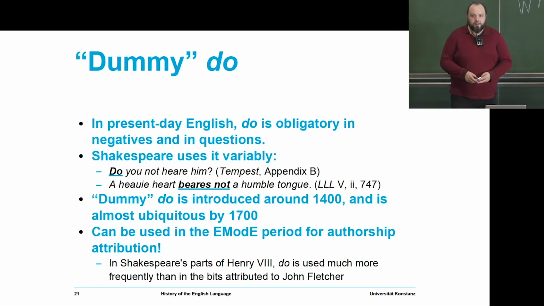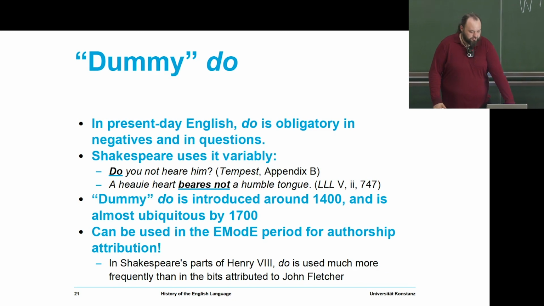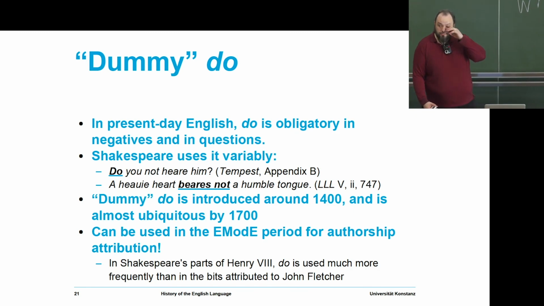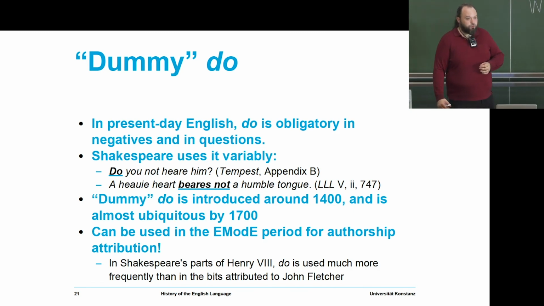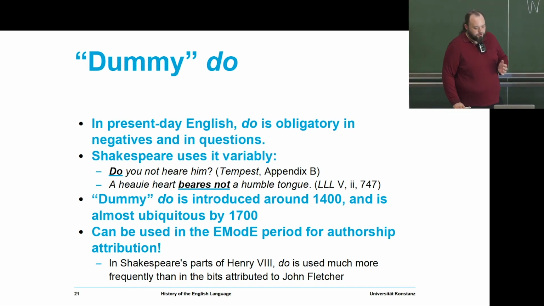Do, this is something I mentioned. In present-day English, do is obligatory in certain contexts. You always find do in negatives, and you always find do in questions. And Shakespeare already uses it variably. So you find do in a question. Here's the Tempest. Do you not hear him? So an earlier form would be hear you not him, without this do.